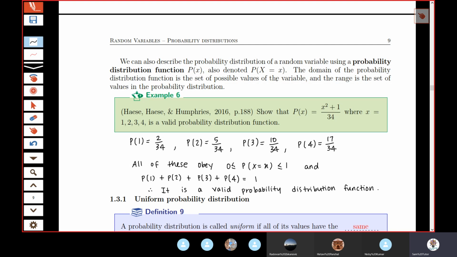When you sub in 2, you get 5 out of 34. Sub in 3, sub in 4. So there are the probabilities of each event occurring. All of these obey the probability being between 0 and 1. And when you sum these up, it does equal 1, which means it's a valid probability distribution function.